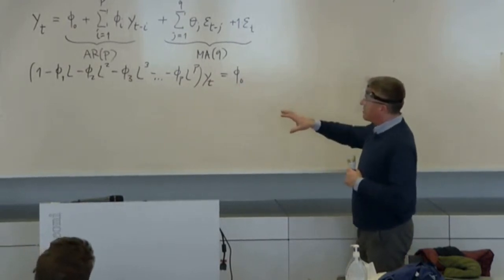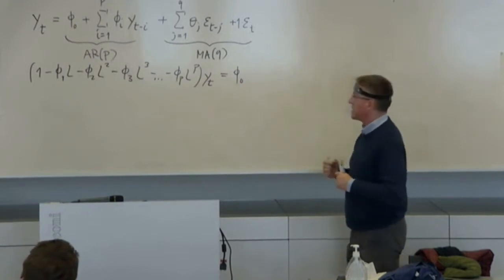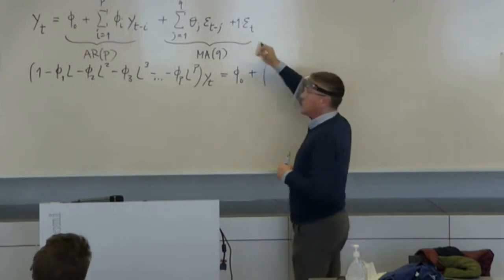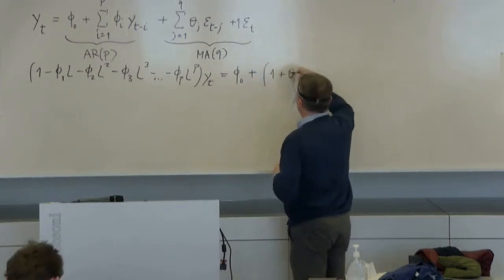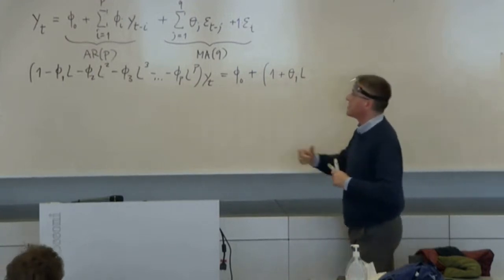Okay, and now I will write in expanded form everything else that is left on the right-hand side. So I have a big parenthesis here in which there is 1, this coefficient, plus theta 1 times L to the power 1. Why? Because it comes from here.